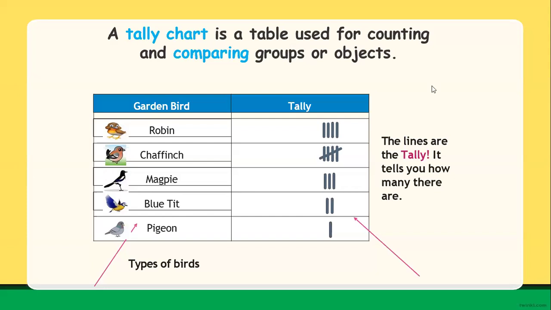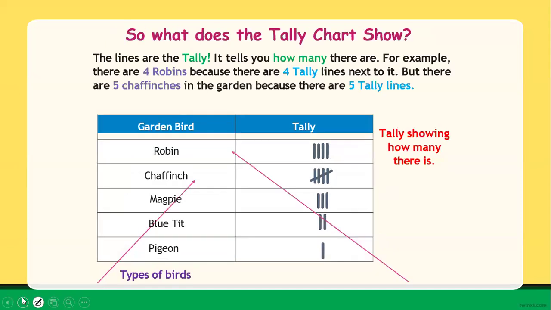Okay, now I'm continuing. Now, what do tally charts do or show? The lines are what we call the tally. Those lines that we make in order for us to be able to count are what we call the tally. It tells you how many they are.